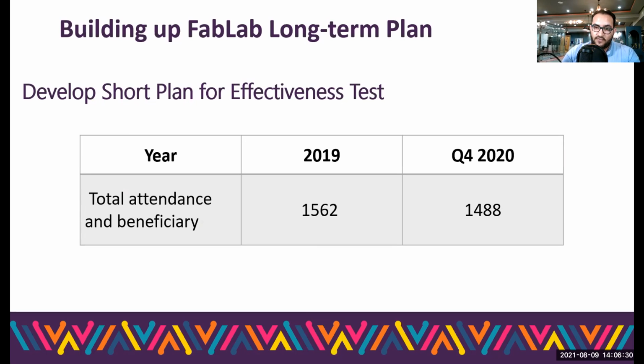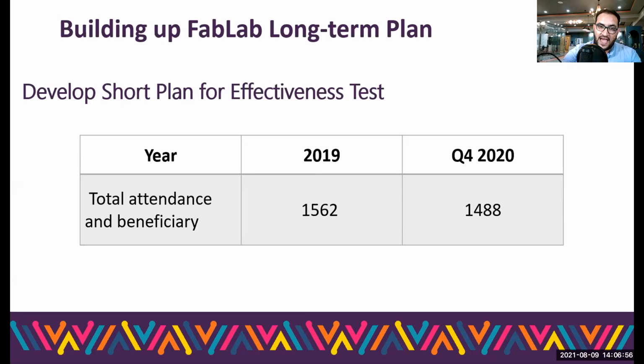So we improved this, and we developed a plan for the 4th quarter in 2020. And here you can see the beneficiaries of Fab Lab and the attendees of our workshops and activities in the last quarter of 2020 is equivalent to the whole year in 2019. The details will be discussed by Dawood at the end of this presentation.